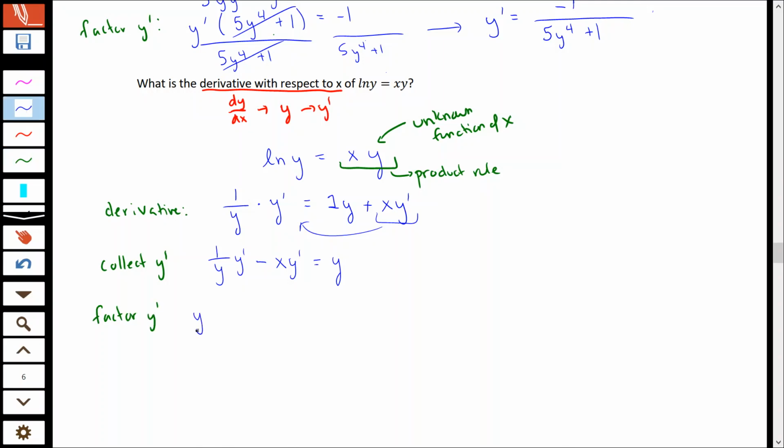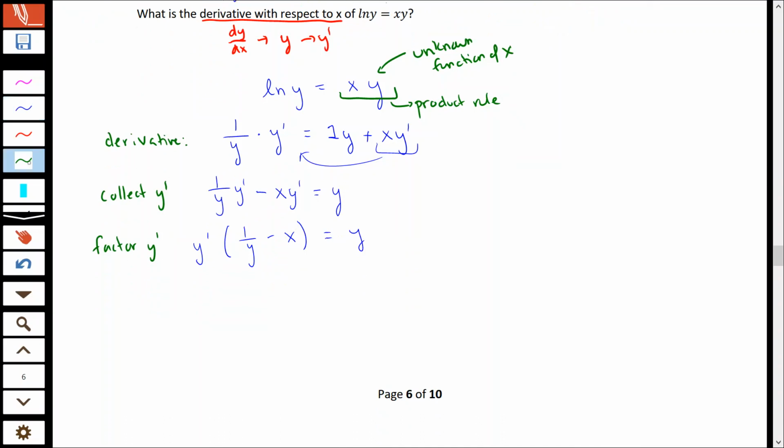So if I pull out that y prime, I'm left with 1 over y minus x equal to y. And then I can divide. So y prime is going to equal y over 1 over y, oops, not plus, minus x. That's a little bit messy with the fraction on the bottom, but we don't have to simplify it further, so we should just leave it like that.